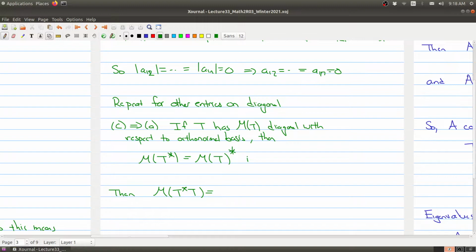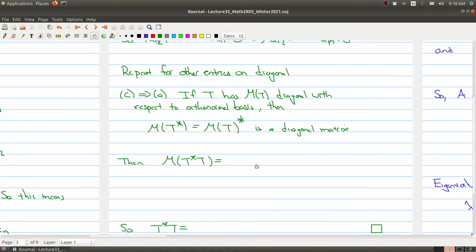So we get that this is a diagonal matrix. But now we're looking at the matrix level. The matrix of T composed with the adjoint is the same thing as the matrix of the adjoint times the matrix of the operator.